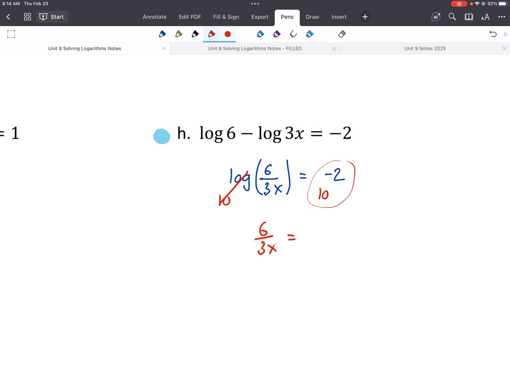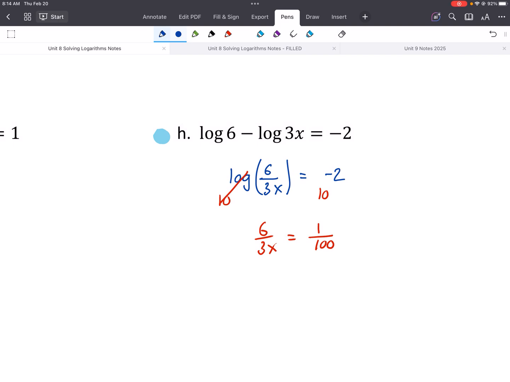And now look at this, 10 to the negative 2. So remember, 10 squared is 100. And if we have a negative exponent, then we can do its reciprocal. So 1 over 100. If we ever have x in the denominator, I think the easiest way is to cross multiply.